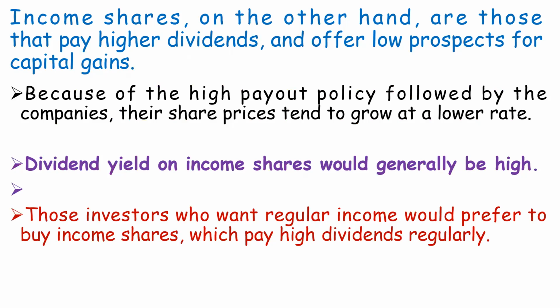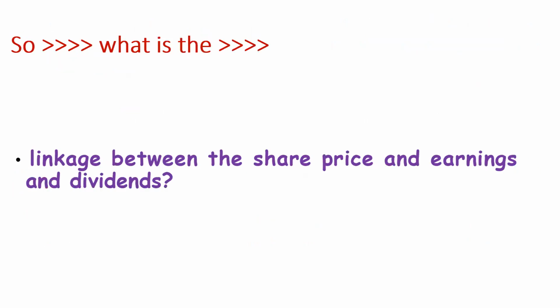But if the market prospers, you won't get a part of the extra profit which the company may make, because you already got a part as dividend. Investors who want regular income will obviously prefer the income share. These are the two types of shares and all the valuations you have done.